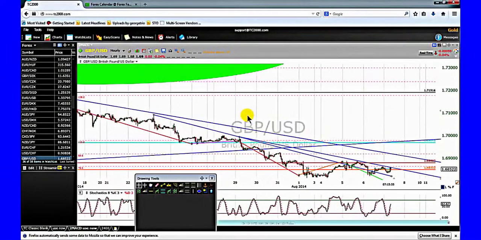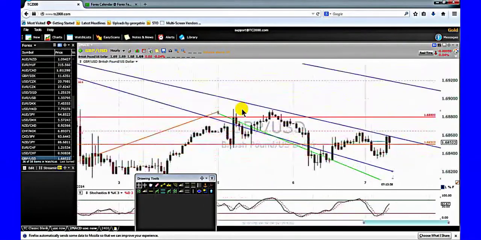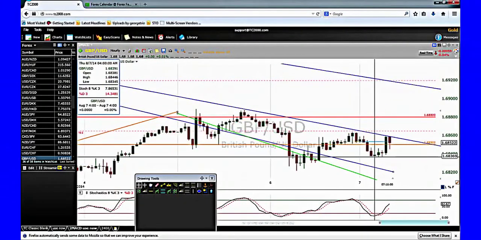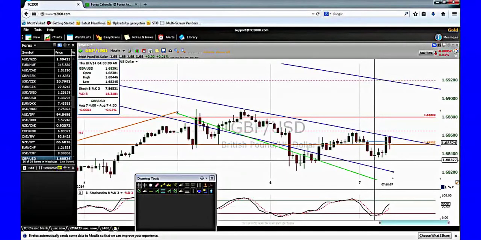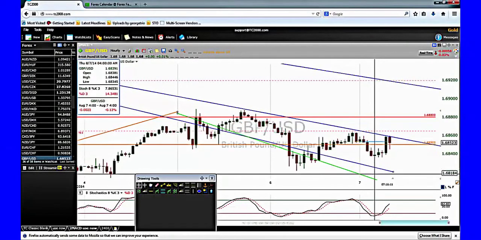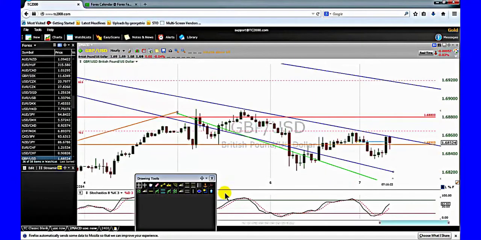I go to the hourly chart to set my target. Okay, I'll set my target here, a conservative target at 16818.